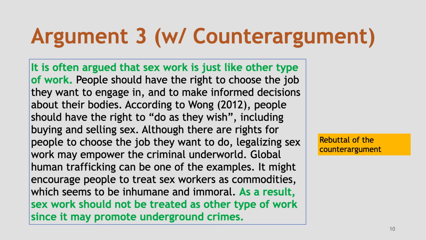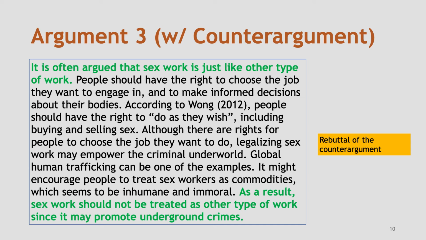And then you will find in the middle of the paragraph the rebuttal of the counter argument by the writer. It is clearly signaled by the clause with the word although. Although there are rights for people to choose the jobs they want to do, legalizing sex work may empower the criminal underworld.